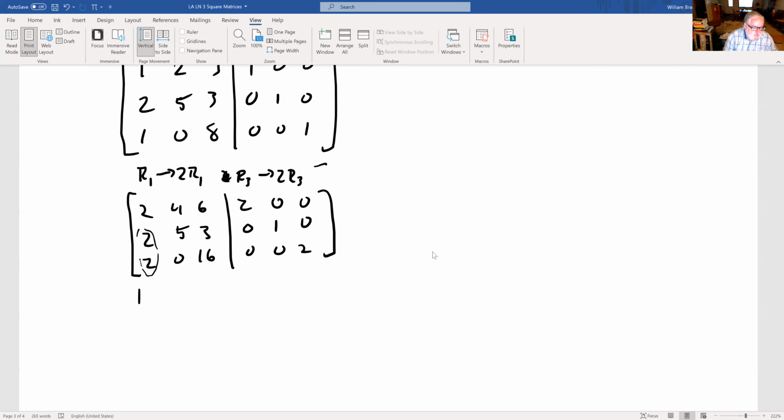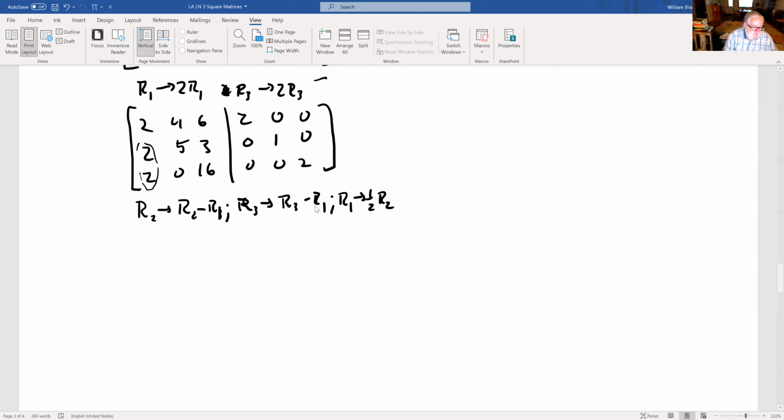So what I want is row 2 to become row 2 minus row 1, row 3 minus row 1. And then finally, I'm going to just divide row 1 by 2. So what do I get there?